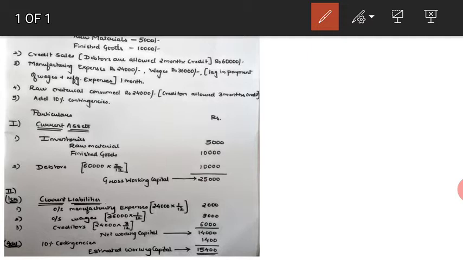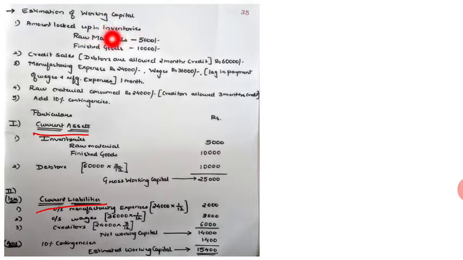As we have already seen in the previous problem, working capital is calculated in two parts. First one is current assets. Second one is current liabilities. So let's consider the current assets first. Which are the current assets given in the problem? First one is inventory. Under that, raw material is given and finished goods is given.